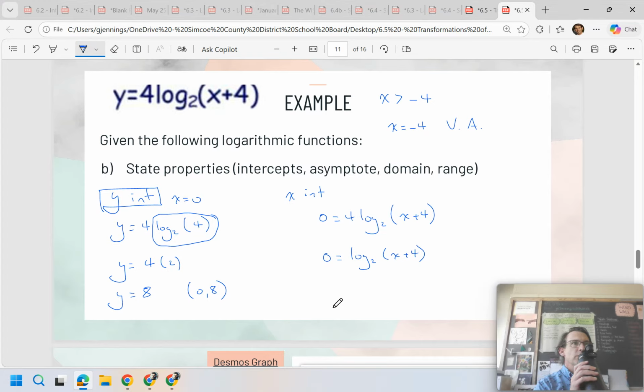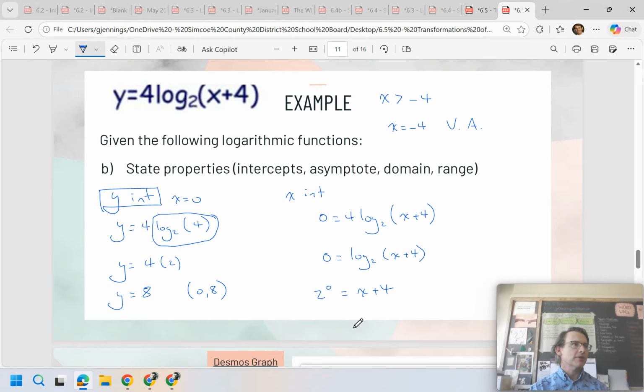Anyone at your table know? Is it that 2 to the 0 is x plus 4? Mm-hmm. Good. 2 to the 0 equals x plus 4. We used that skill from yesterday.